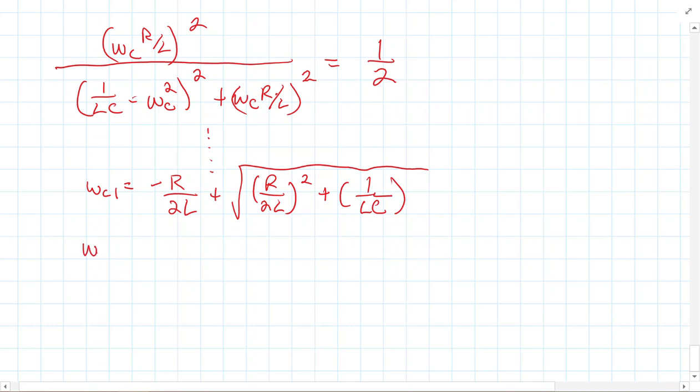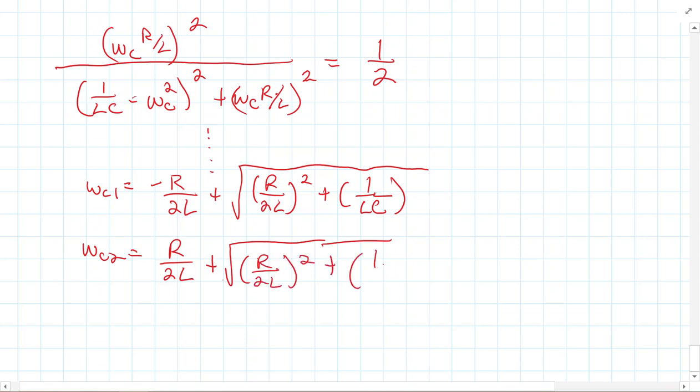And omega c2 is equal to r over 2L plus the square root of r over 2L quantity squared plus 1 over LC.